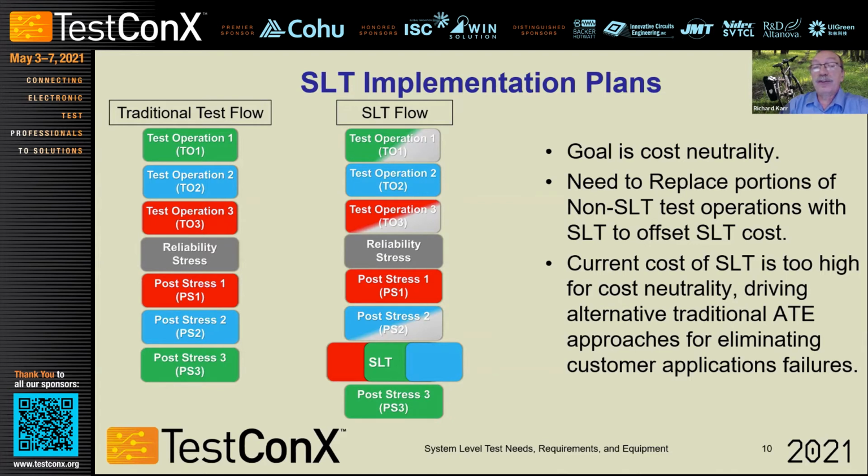This can be accomplished in numerous ways, we believe, such as eliminating one of these traditional test operations entirely and inserting the SLT test, or as we show in the graphic, by eliminating portions of room, high temp, and cold temp test operations and replacing them in that single room, high, cold temp system level test operation, right?